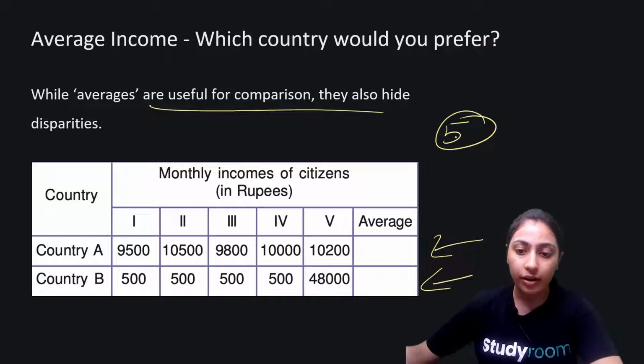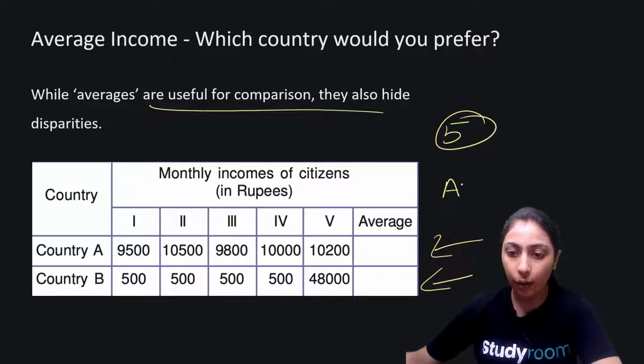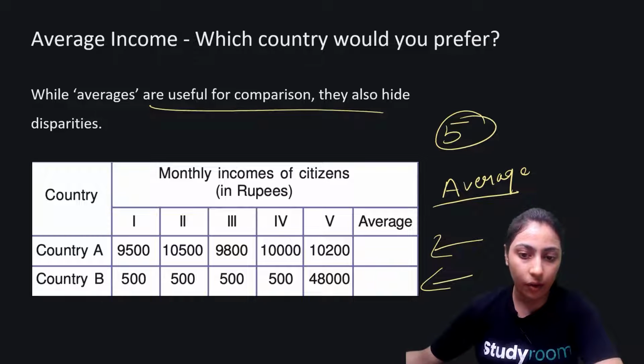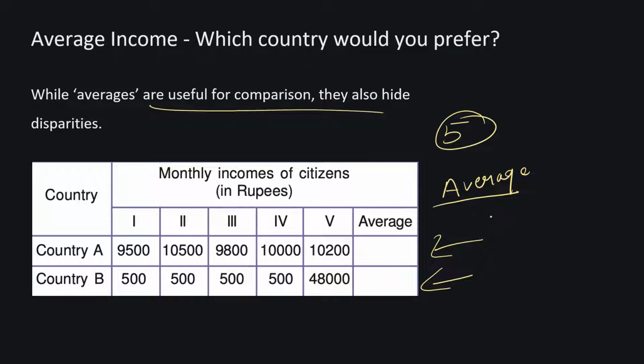So over here, if I talk about the average, if I add all of them, it will be 50,000. And for B, it will be 50,000 again.